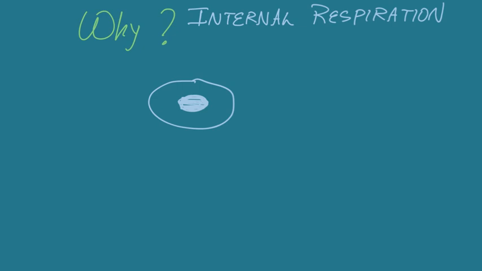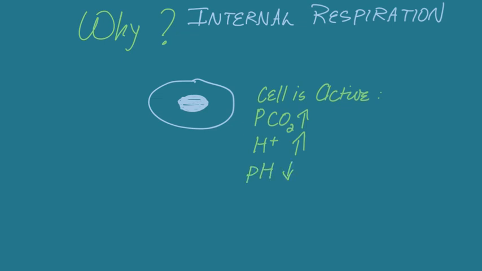Now, a cell that is active will have more carbon dioxide because it is breaking down glucose to provide energy, and carbon dioxide is the byproduct. We know that when carbon dioxide mixes with water, it becomes an acid and so releases more hydrogen ions. When there are more free hydrogen ions, we know that the tissue is acidic, so the pH goes down.